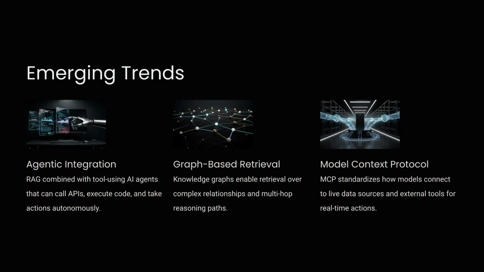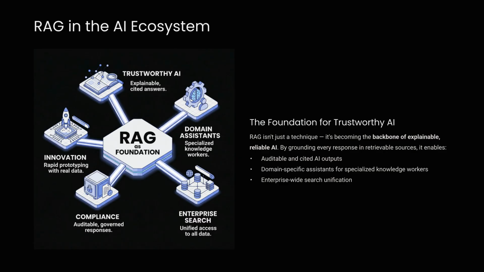Emerging trends include agentic integration, combining RAG with tool-using AI agents. Graph-based retrieval uses knowledge graphs to handle complex relationships. Finally, the Model Context Protocol standardizes how models connect to live data sources. RAG is becoming the foundation for trustworthy AI.